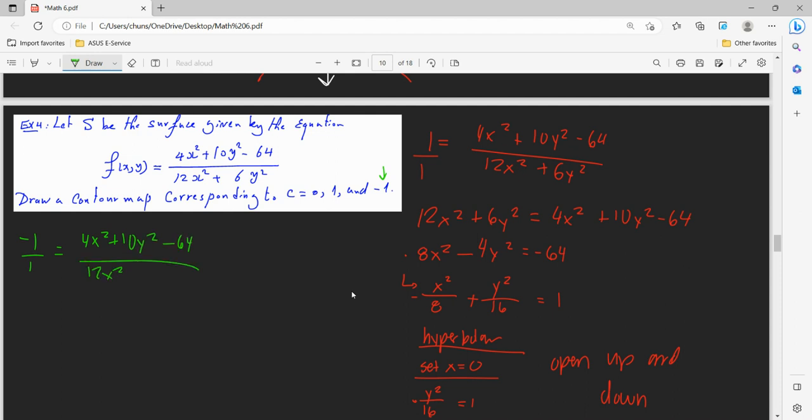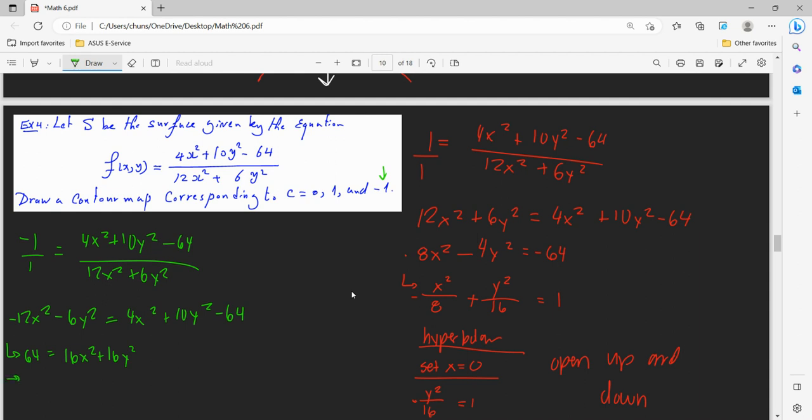This is 12x squared plus 6y squared. This is negative 12x squared minus 6y squared equal to 4x squared plus 10y squared minus 64. Let's move things over to one side. So this is 64 equals 16x squared plus 16y squared.